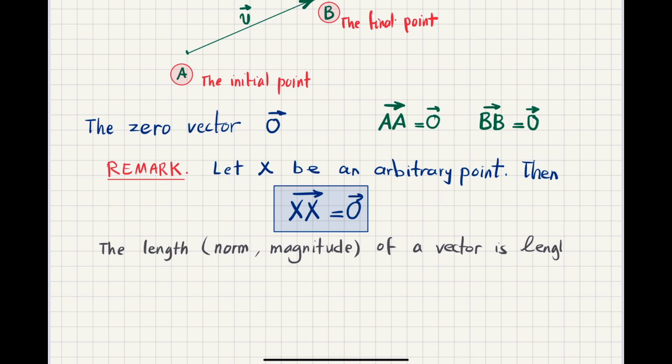So of a vector, let me write it in this way. The length of a vector AB is the length of the line segment AB.